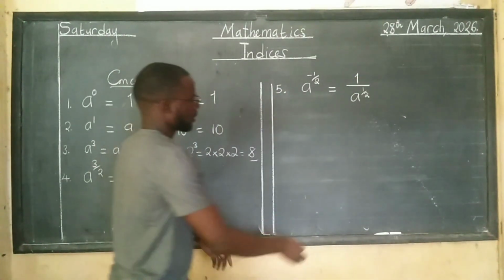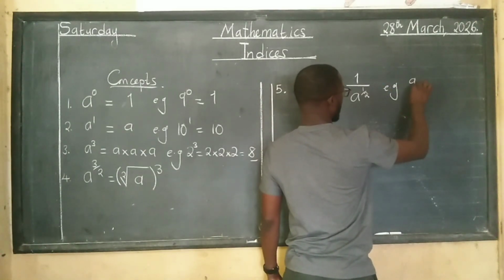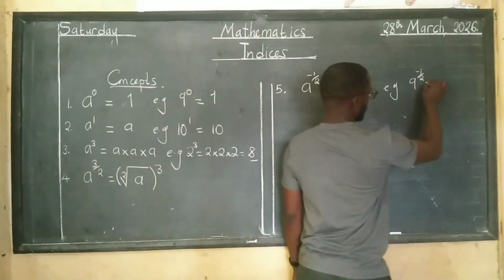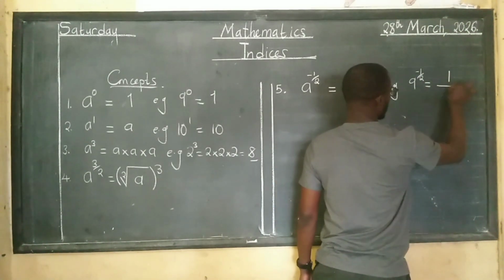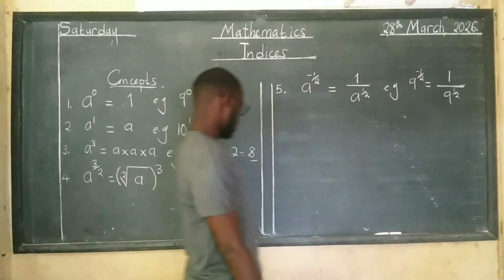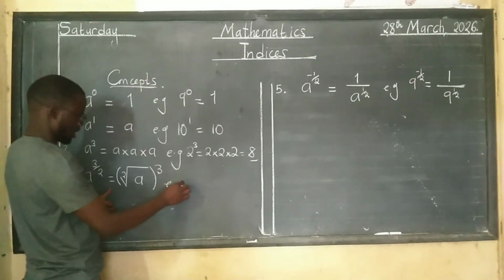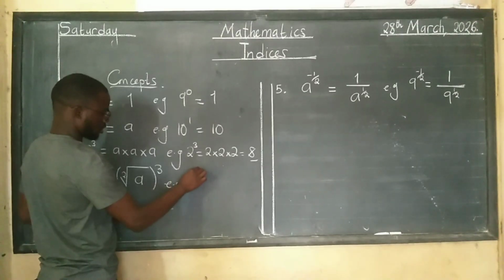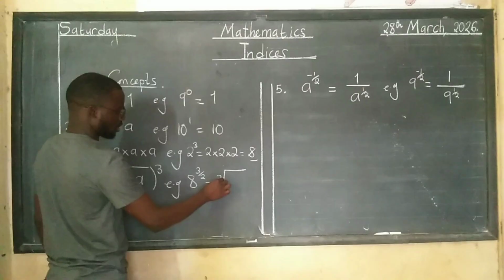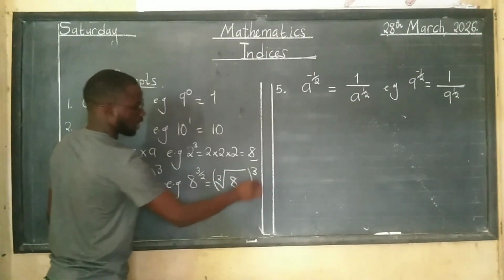For example, if I have 9 to the power negative 1 over 2, this is going to be 1 over 9 to the power that. I forgot to give an example for the previous one. Let's say I have 8 to the power 3 over 2. I'll introduce this root. The 2 will come here, the 8 will come here, and the 3 will go up there.